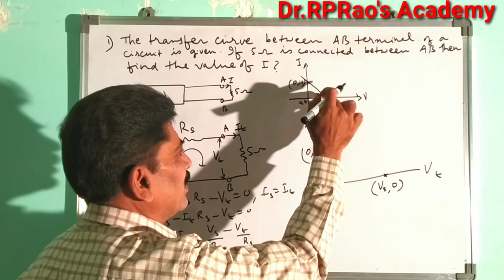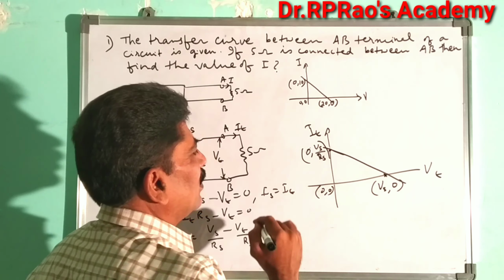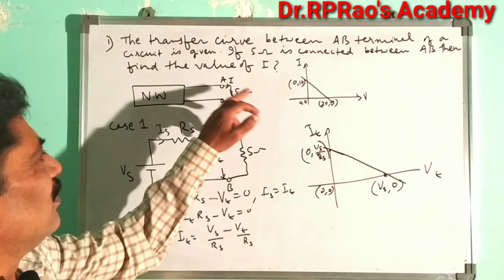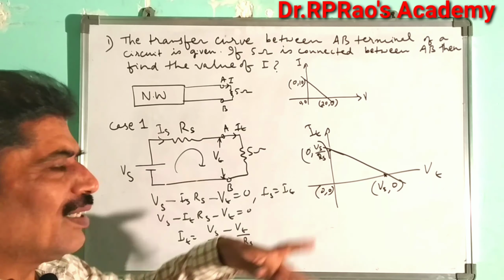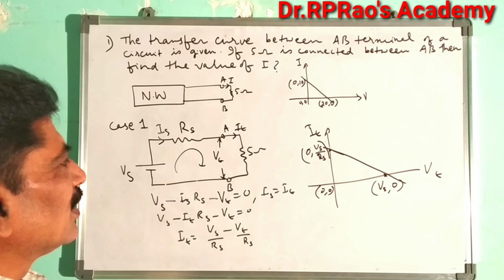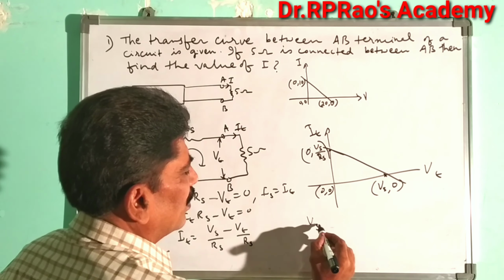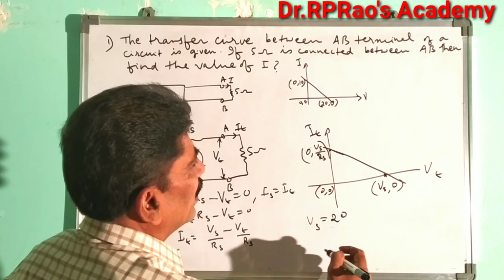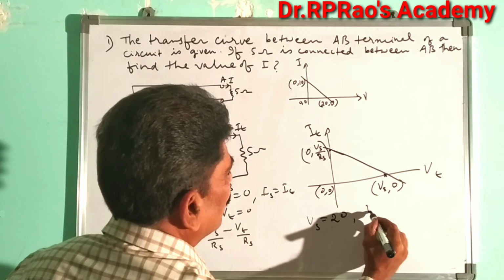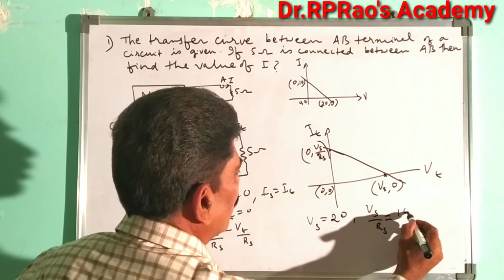Now comparing these two curves, we call this the transfer curve or VI characteristic curve. Comparing these two, what is Vs now? Vs is equal to 20, and Vs by Rs is equal to 10.